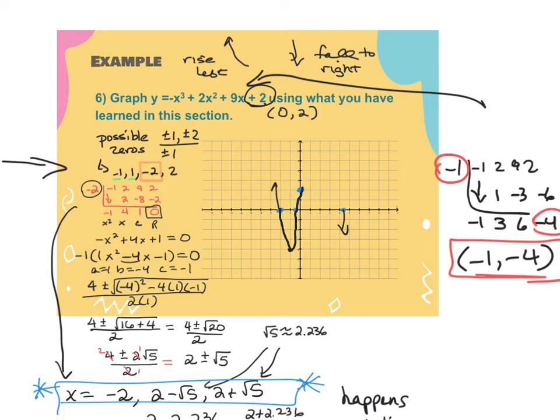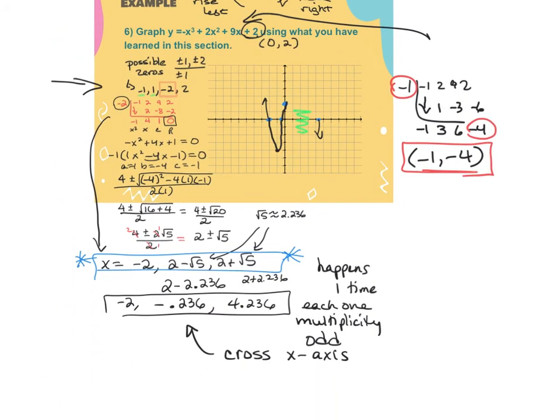So I'm going to now plug in another x value that's in between here. And again, I'm going to use +1. You could plug in 2, you could plug in 3, you can plug in 4, as long as it's a number in between these two zeros. So I'm going to plug in 1.